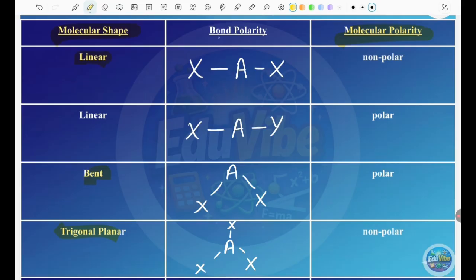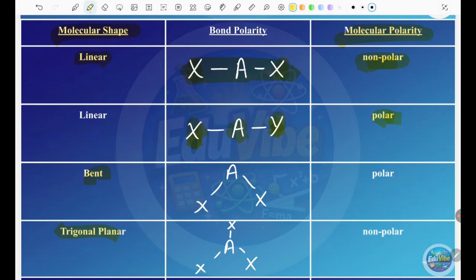If the satellite atoms are the same element, the molecule is non-polar. If we get different ones, like one hydrogen and one oxygen around a central carbon, then it is polar. Different satellite atoms mean polar; the same means non-polar.